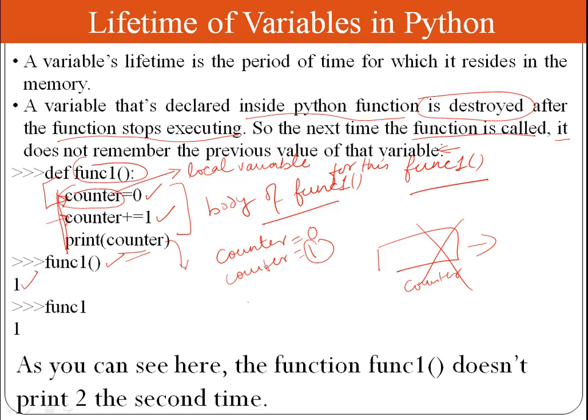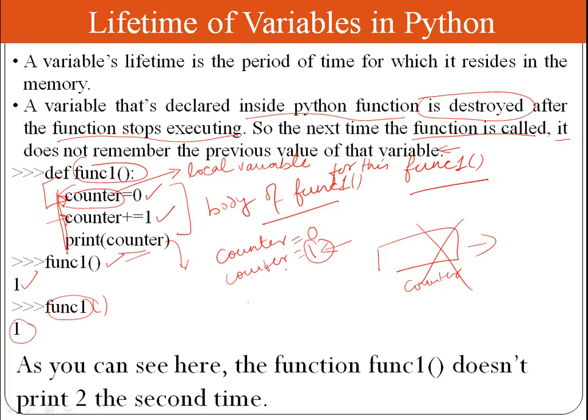So you can see that the function does not print 2 the next time. If you call func1 again, it again prints 1. The last value stored in counter is not remembered by the memory. It starts again from 0.